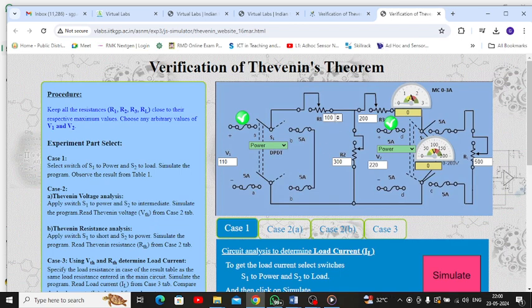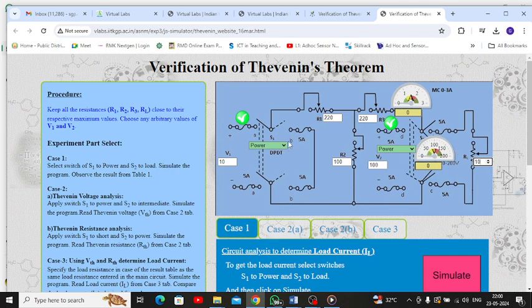As we did in our lab sessions, let the series arm be 220 ohm and the parallel arm 100 ohm, the same circuit. I am giving the supply as 10 volt, and here also the supply is 10 volt. Now, keeping it at case 1.